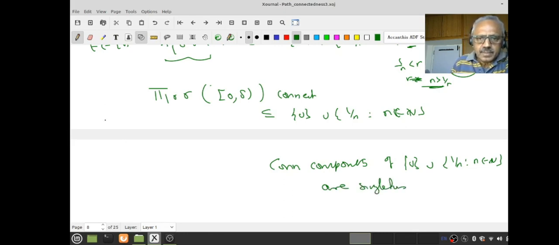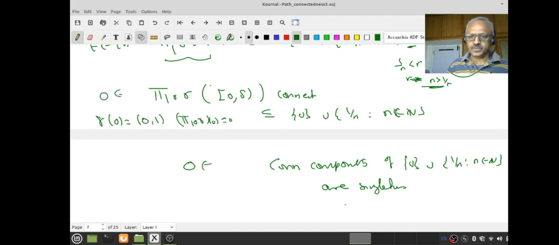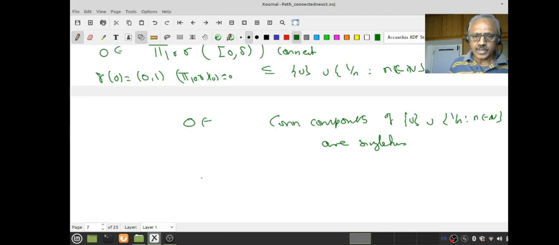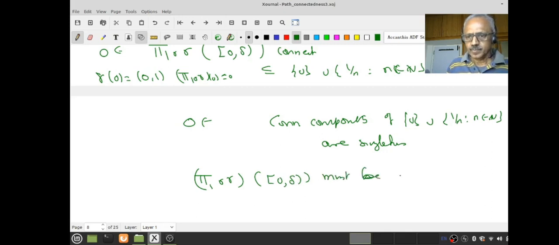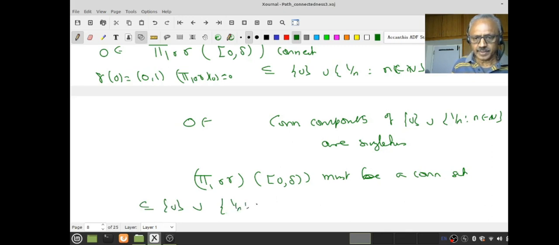And remember, since γ(0) is (0, 1), π₁(γ(0)) is 0, and 0 belongs to this. Therefore π₁ of γ of [0, δ] must be a connected set contained in {0} ∪ {1/n : n in ℕ}, so that 0 belongs to that set.